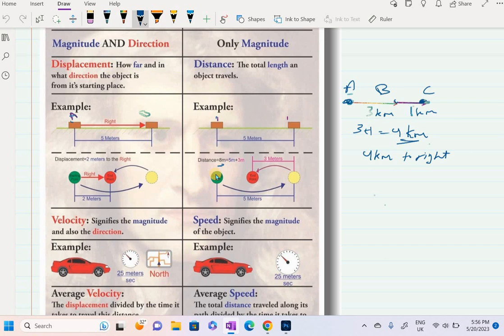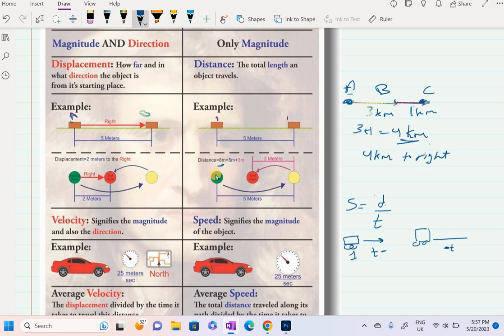Now, second example about the scalar and vector: speed and velocity. What is the speed? We know that the speed is equal to the distance over the time. If this car is moving this distance in this duration or unit time, its speed is equal to the distance over the time. For example, the faster car can go a longer distance over the same unit of time.